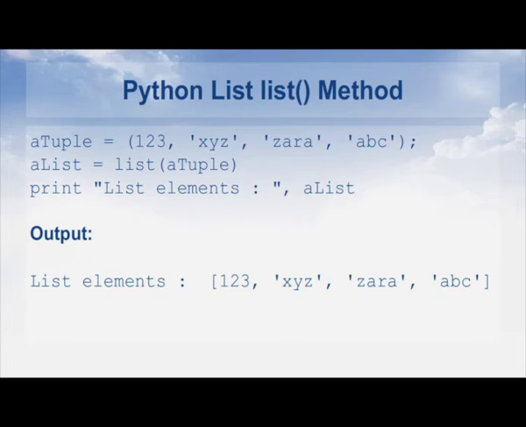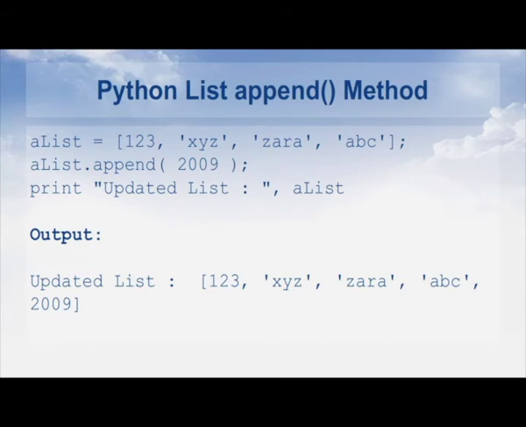So, this tuple is converted to a list using the list function. Now, I can store the value of the list in another variable called a list and use a list as a list, that is I can now add elements or delete elements from this a list, but that I cannot do on that tuple.